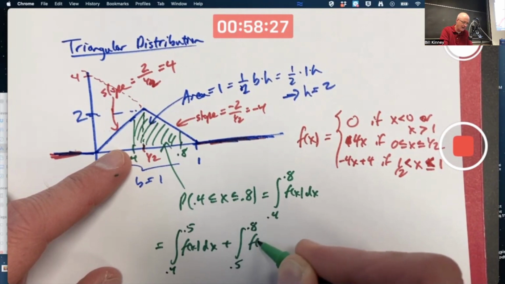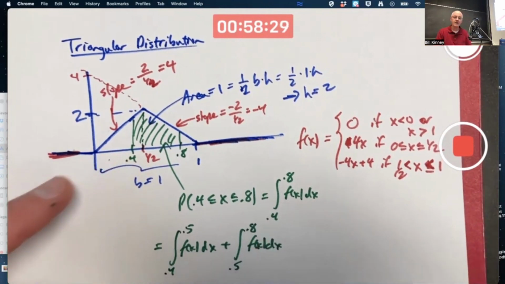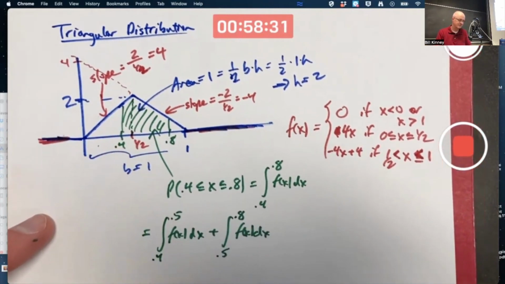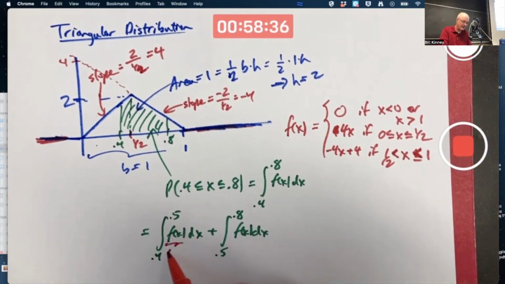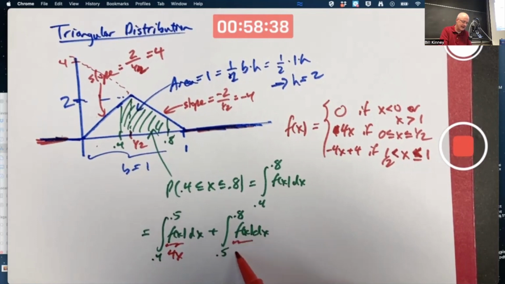There's an example where that interval property of integrals is useful. In this case, the formula for f of x is 4x. In this case, it's -4x plus 4.